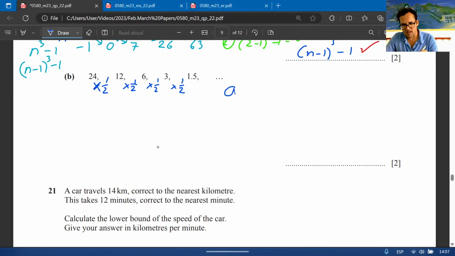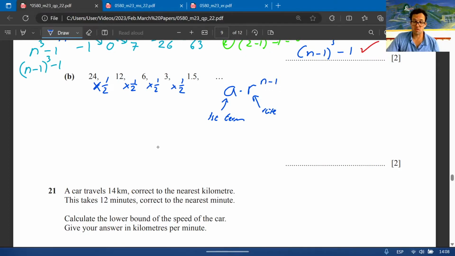It's a, being the first term in the sequence. That's a1. Times, with a dot, r, which is the rate, to the power of n minus 1.